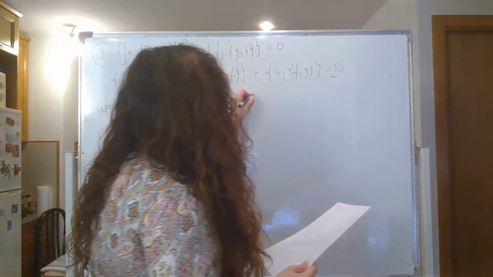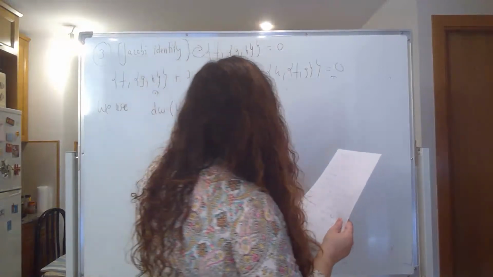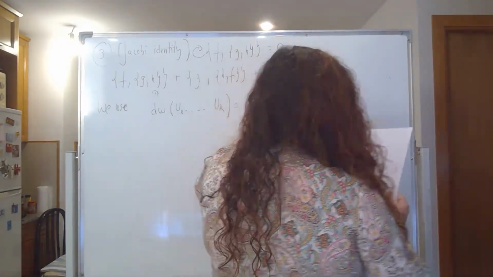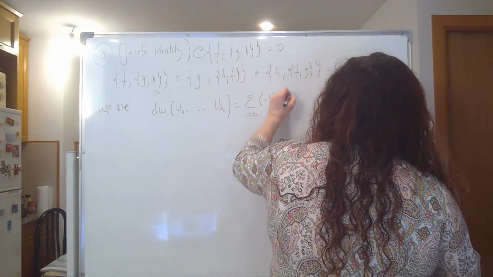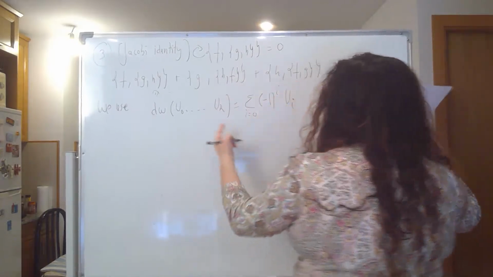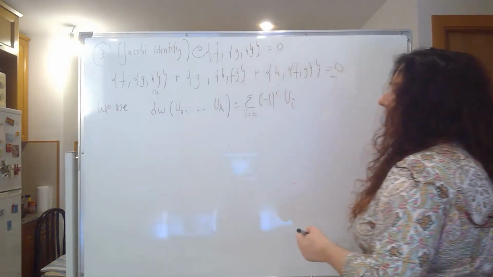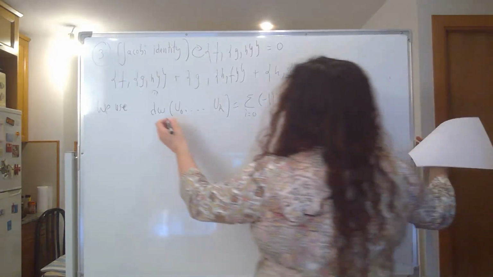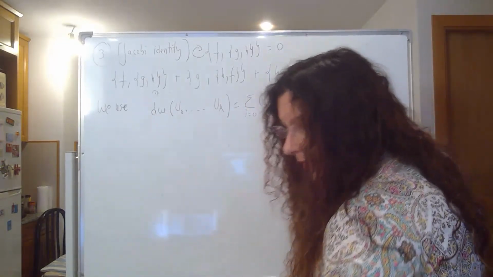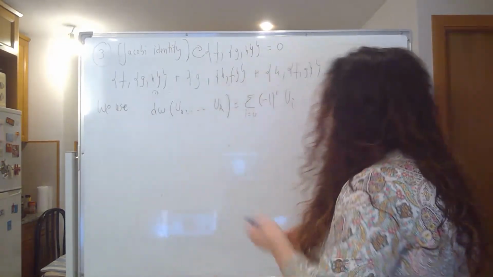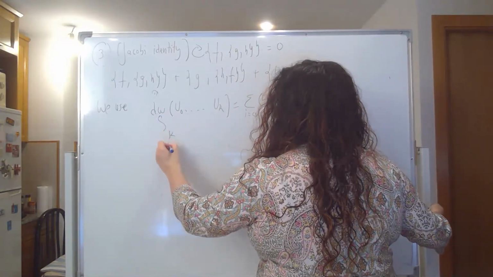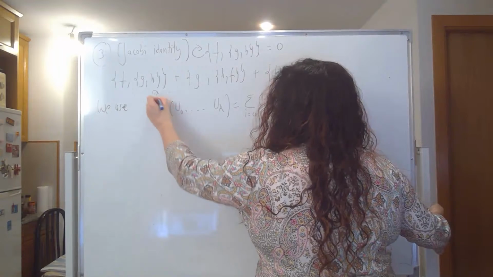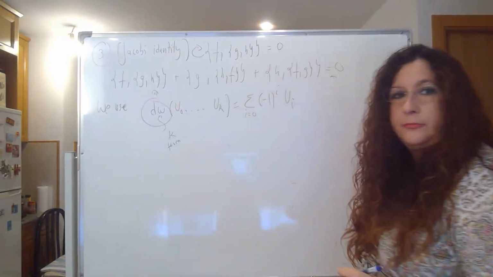And you get that this is the sum from i equal to 0 of minus 1 to the i of the vector fields that now act as a derivative. So omega is a k-form. Therefore the differential of omega is a (k+1)-form.